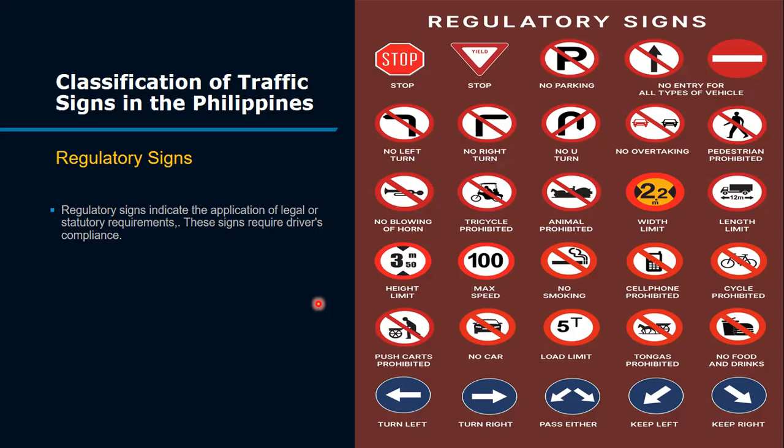One of the classifications of road signs in the Philippines is the regulatory signs. The regulatory signs indicate the application of legal or statutory requirements. These signs require drivers' compliance.